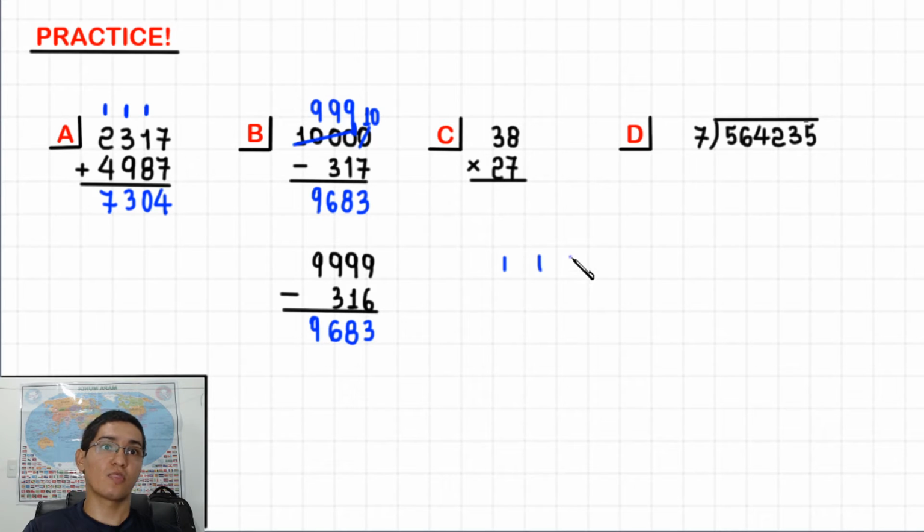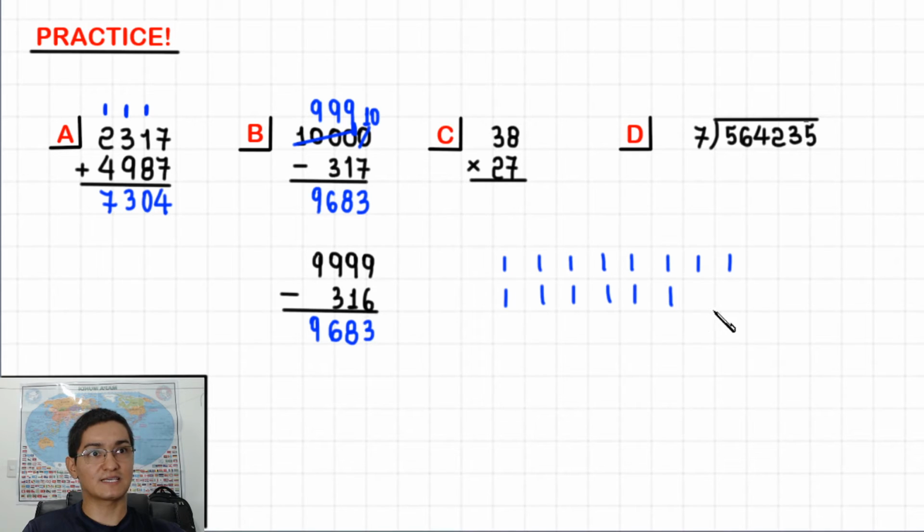1, 2, 3, 4, 5, 6, 7, 8. Now I have written 2 times 8, but I need 7 times 8. So I'm gonna do it a lot more. I'm gonna repeat this a few times more.